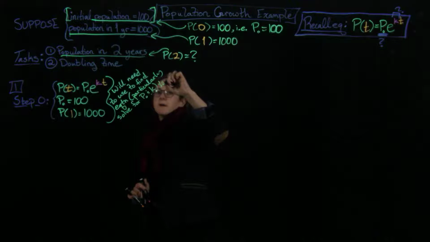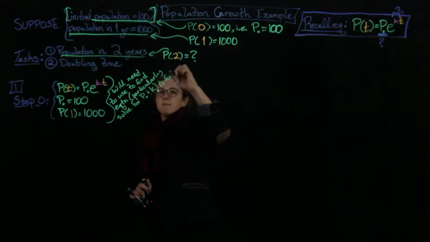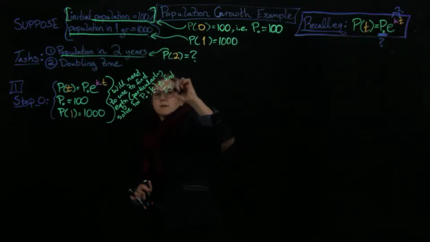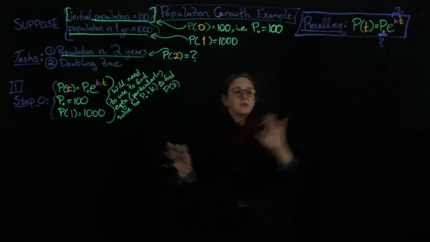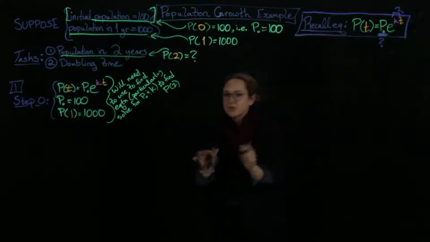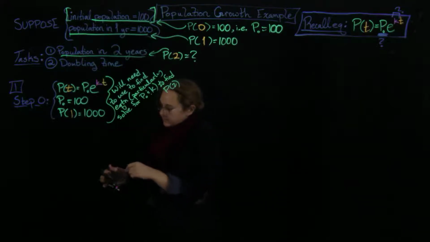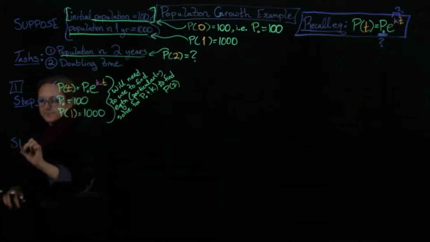Like, how are we going to find P of 2 if we don't even know what the equation is yet? So to find P of 2. Okay. So we have all this information that we're going to have to use in order to answer those 2 question marks over there. So let's just get started.